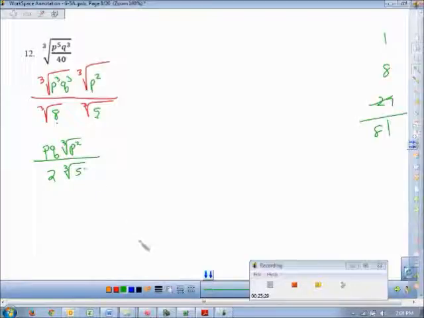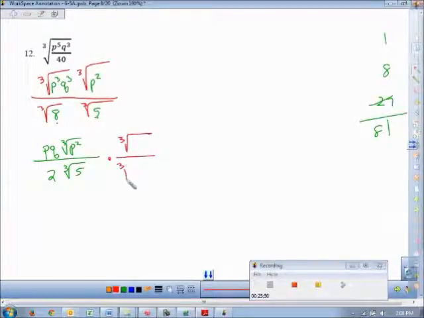Now here's where we need to really watch out. I have a radical in the denominator. It is what root? Cube root. This will not solve our problem. This doesn't work.